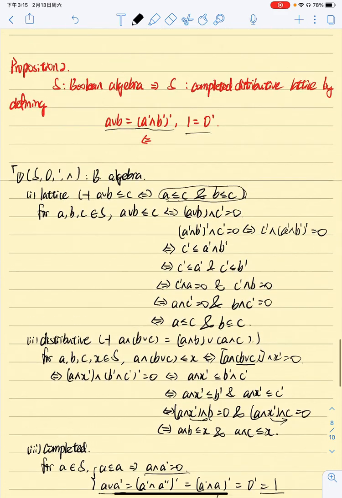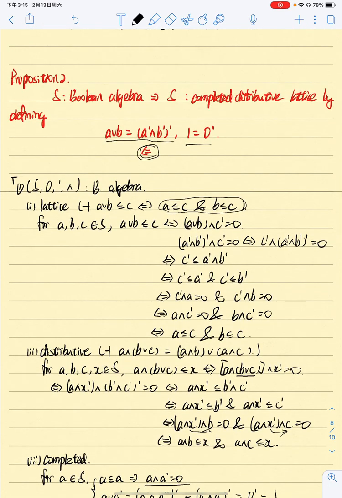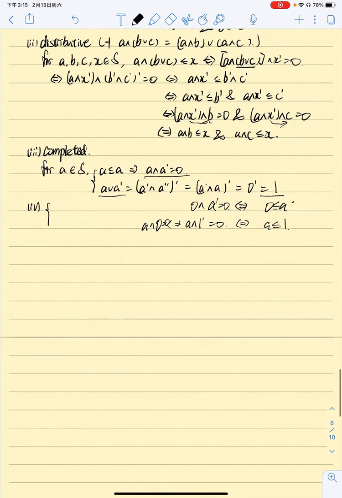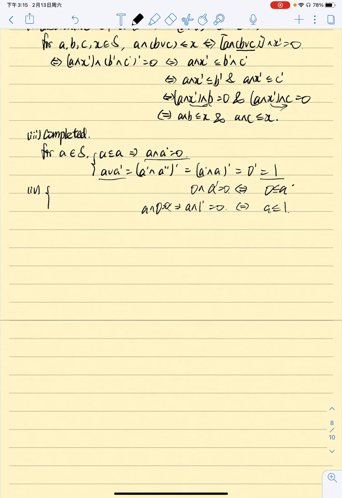Okay, and next we will prove the inverse. If S is a completed distributive lattice, and we want to show this is a Boolean algebra.